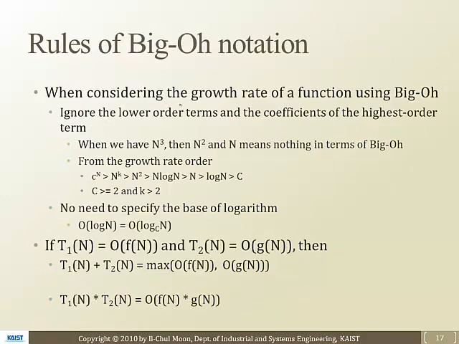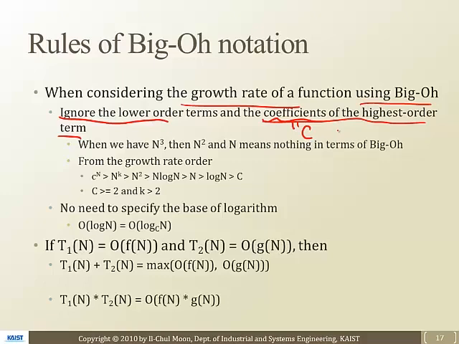There are some rules of the big O notations. When considering the growth rate of a function using big O notation, ignore the lower order terms and the coefficients of the highest order terms. This is because we always multiply by the constant c in the assumption satisfaction checking.